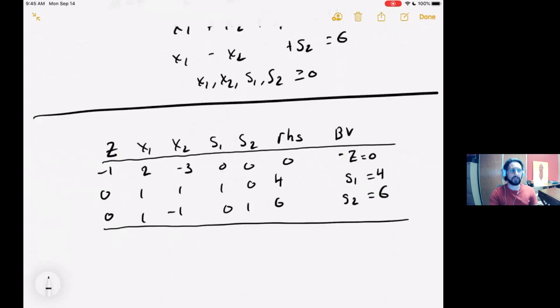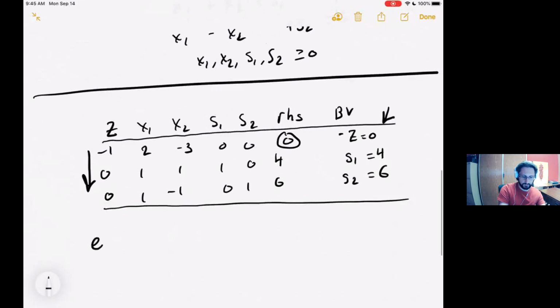Here's the simplex tableau that appears. Notice that I choose to write the basic variable for z as negative z equals 0. Z is alone in a column by itself, and I can read the right-hand side off of the column. After this, every process works exactly the same.